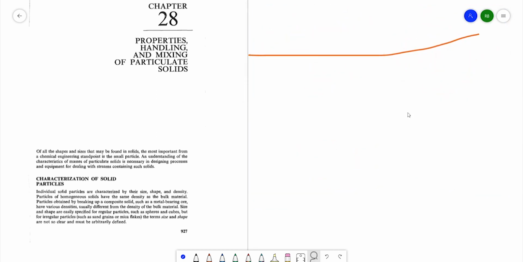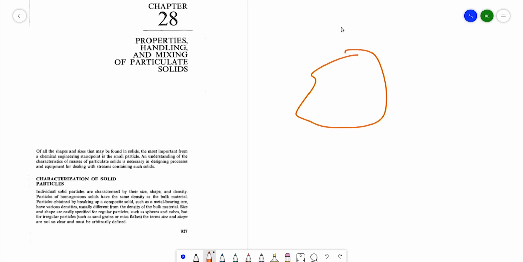And if you ask why do you need to characterize, we need to characterize the particles because suppose you are doing crushing, you have a rock, right? You have crushed it.